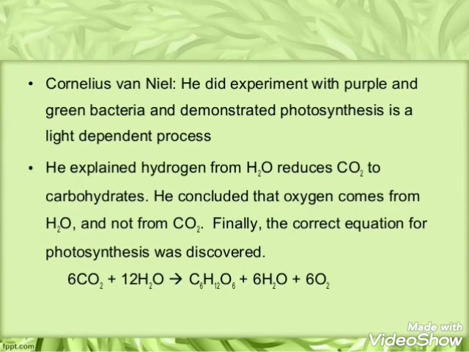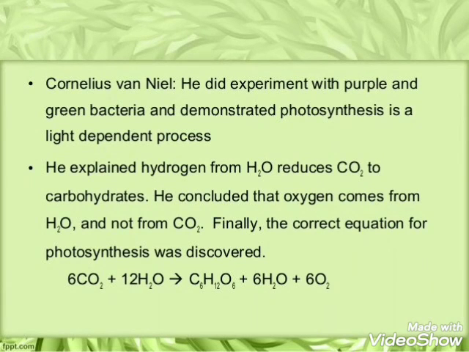Purple and green sulfur bacteria use H2S as the hydrogen donor, and so the oxidation product is sulfur and no oxygen is produced. Thus he inferred that the oxygen evolved by green plants during photosynthesis comes from water and not from carbon dioxide.